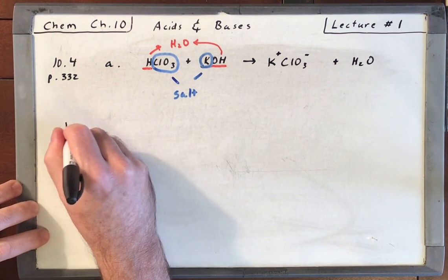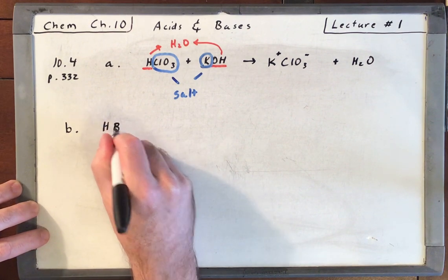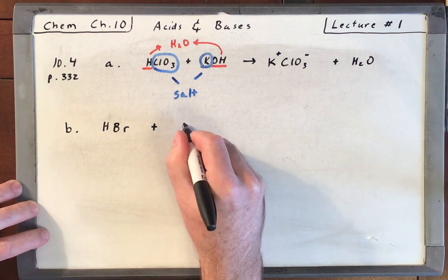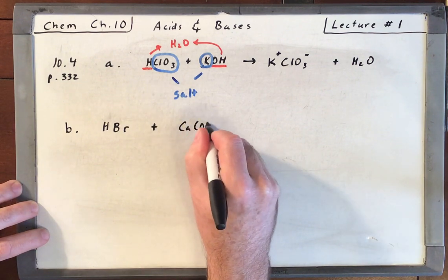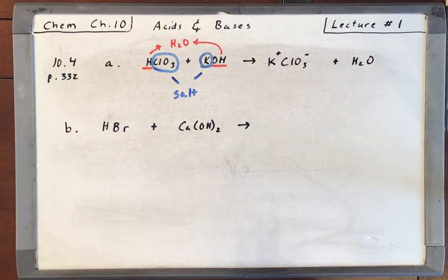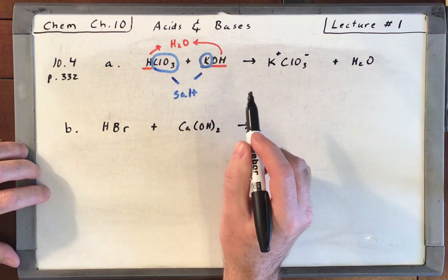All right, let's do another example. So we have HBr, that's one you got to memorize, hydrobromic acid, plus calcium hydroxide. I'm not gonna use blue and red on this one.